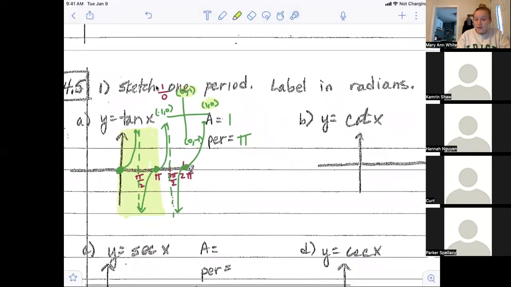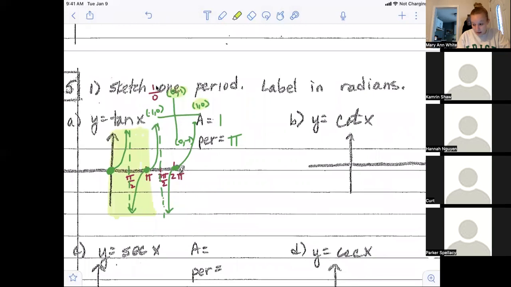And in the same breath, let's do cotangent because it's very, very similar. However, cotangent is the reverse. It's not y over x, it's x over y. So where the angle 0 was 0 over 1, it's now 1 over 0, and so that's my undefined point now.